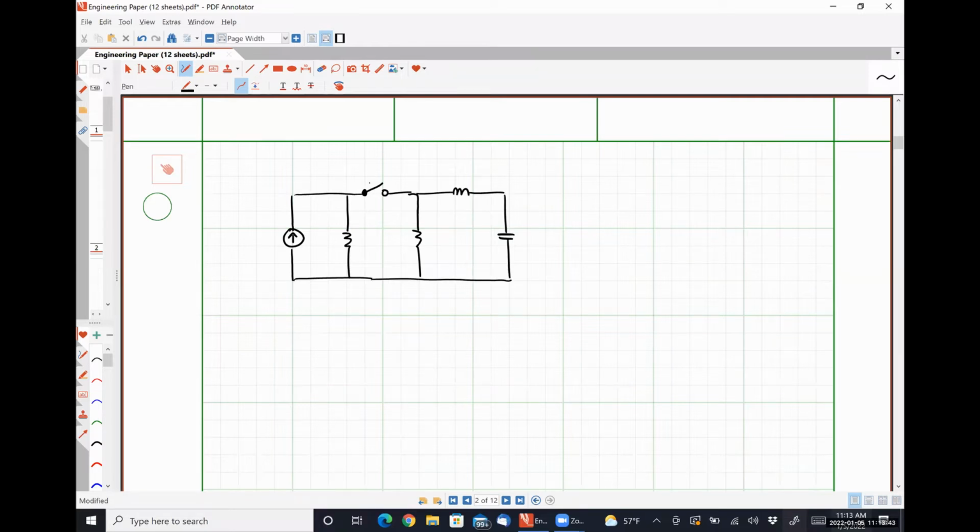This time, let's have it in such a way that our switch is closing at t is equal to 0. Let's call this 5 amps for the sake of argument. All right, somebody give me two values for resistors. 10K and 20K.